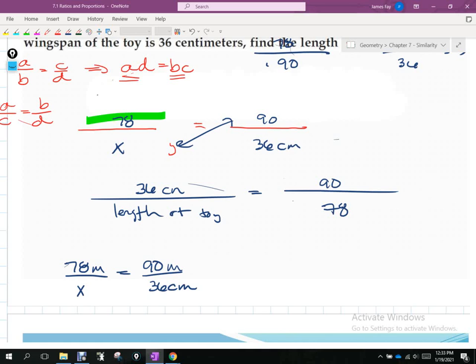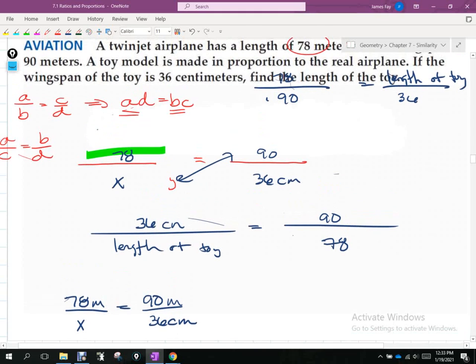Okay? So right now, if I do this, think about the answer that I want. I want the length of the toy, right? Should my answer be in meters or in centimeters? Centimeters, right? Let's go through and do the multiplication and see what happens.